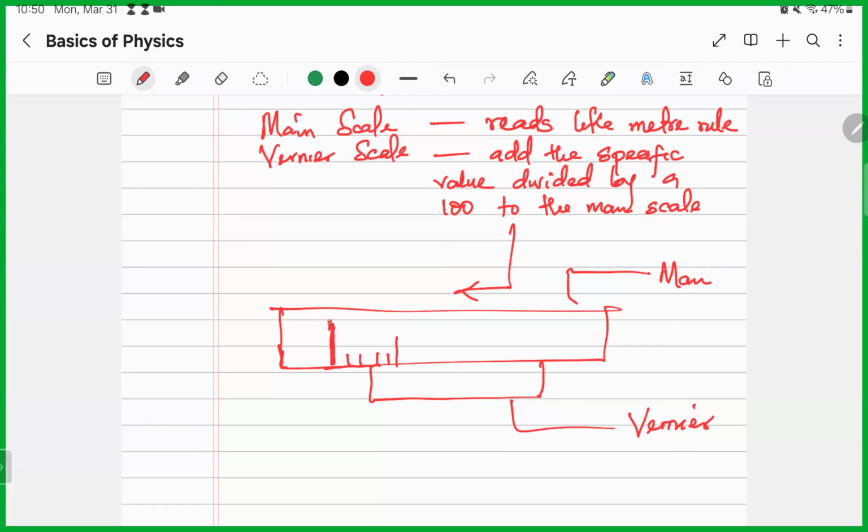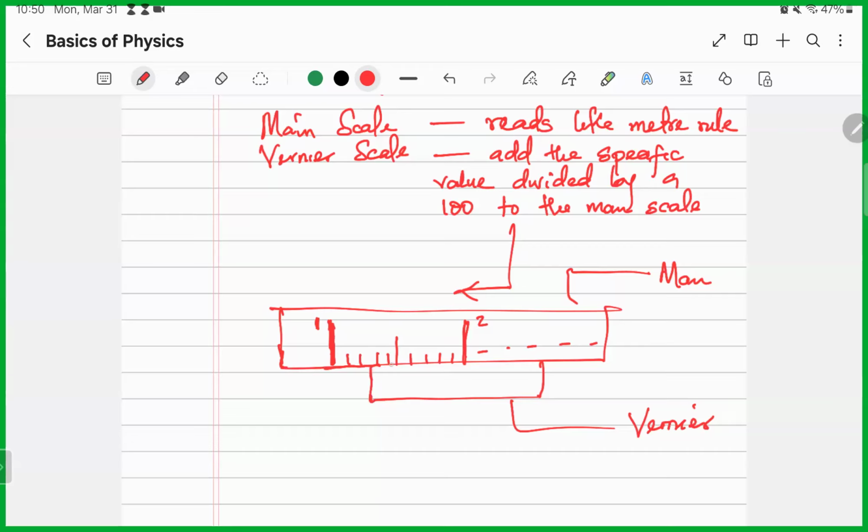So let me raise this small one to represent this is 1. Then you have 6, 7, 8, 9. Then you have 2. Let's just keep it realistic. Now, on the main scale, it continues to read like a meter rule, like every other thing continues from here. But on the vernier scale, you have about 9 parts.